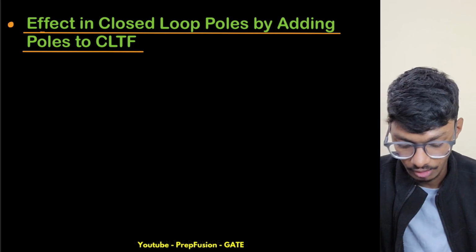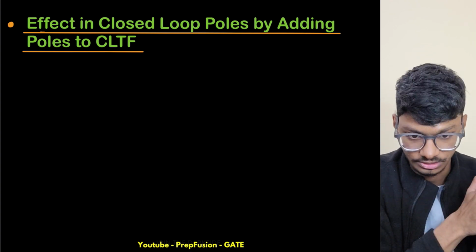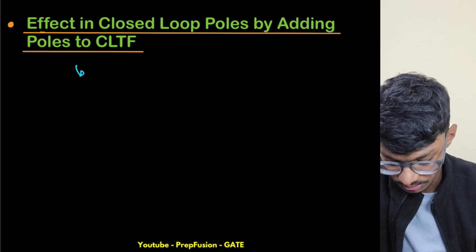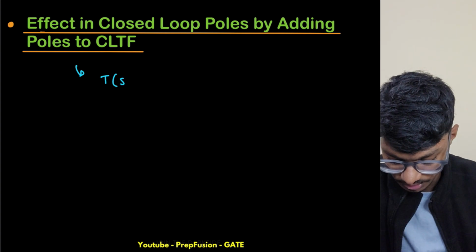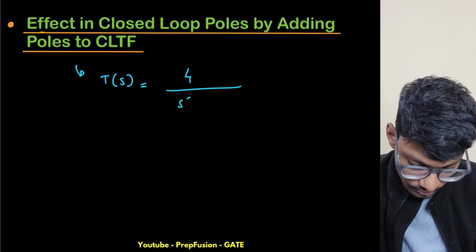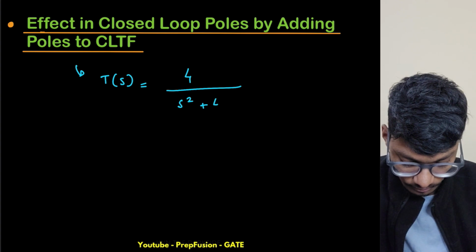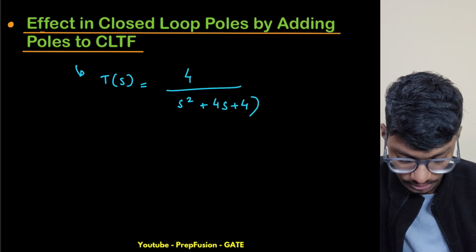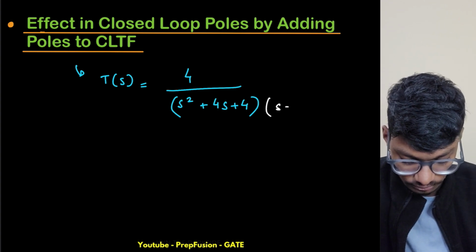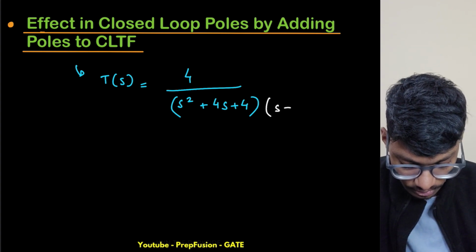First, I will analyze this in the time constant format. Everything here is in the time constant format, so I'm adding poles in the time constant format. Let's say initially my transfer function, now it is not my OLTF, it is my CLTF, is 4 by S square plus 4S plus 4 into 1 plus S tau.